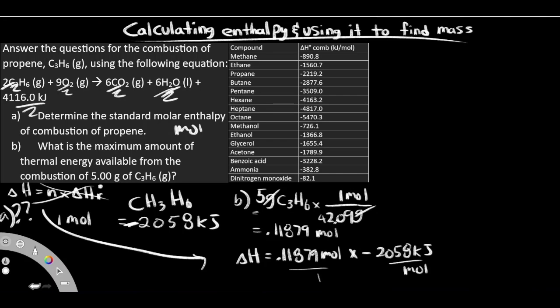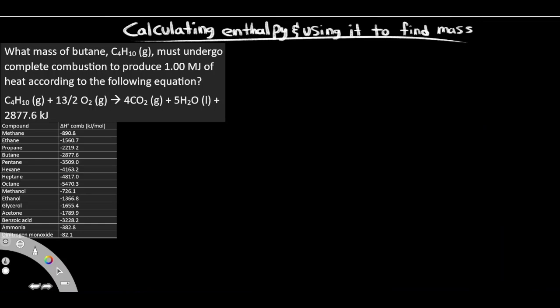And then, of course, this is technically over 1, cancels out diagonally. I end up getting delta H is equal to the product of that times that. I end up getting negative 244.48 kilojoules. That's the answer.